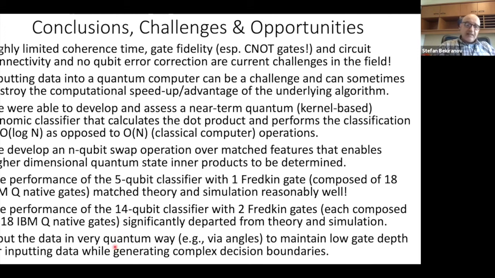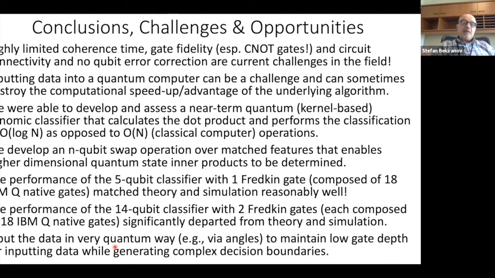And then finally, to end on a hopeful note, one of the ways around some of these challenges is to actually encode the data in a very quantum way. I showed you that you can actually encode things in angles instead of directly as the coefficients, as being the numbers in front of the states.